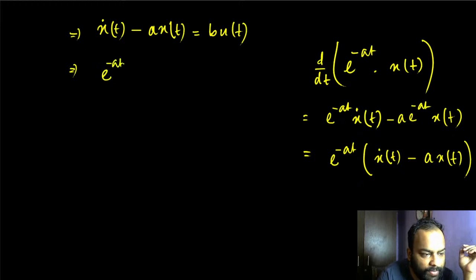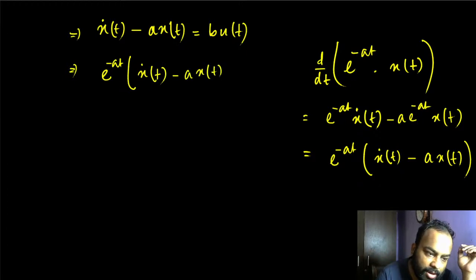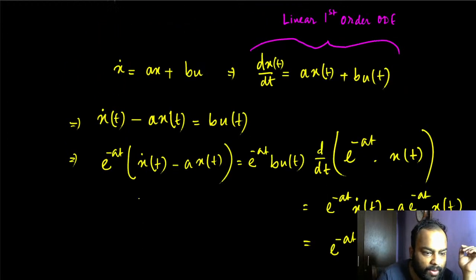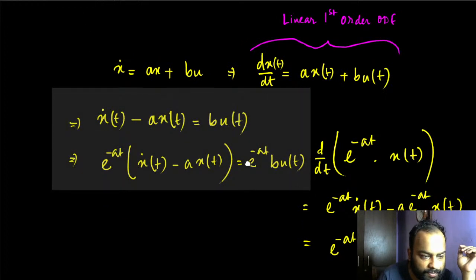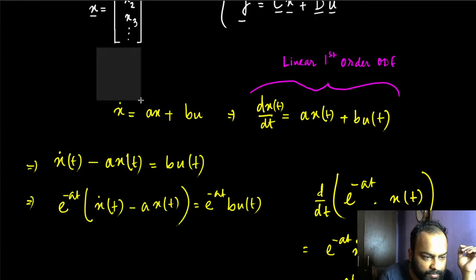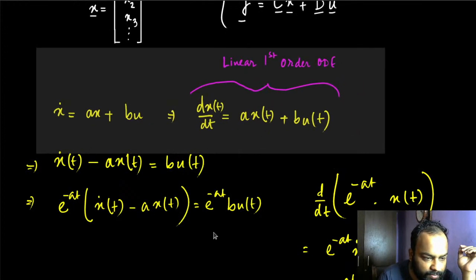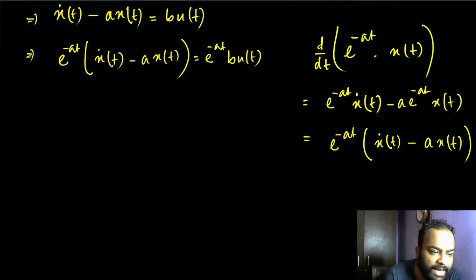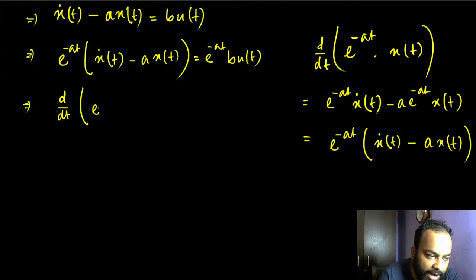If we do so, then instead of the entire thing on the left hand side, we can write it simply as the derivative of e to the power minus at times x(t), right?